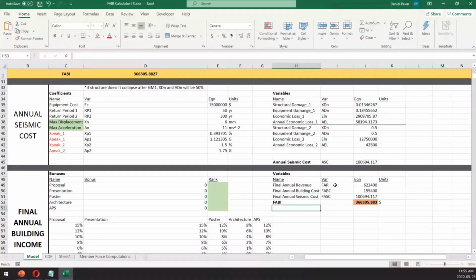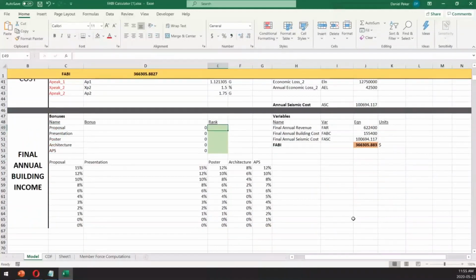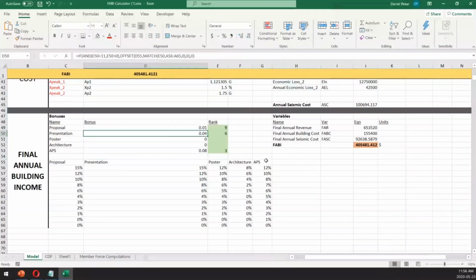Finally, you add in any kind of bonuses you get. So I've set up this little sheet here where you just put in your rank. Let's just put in an actual one. So we got third in analysis, ninth in proposal, and sixth in presentation. So we got 8% APS, 1% proposal, 4% presentation. Cool.